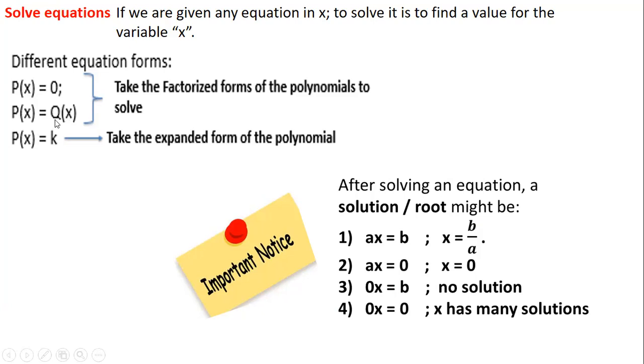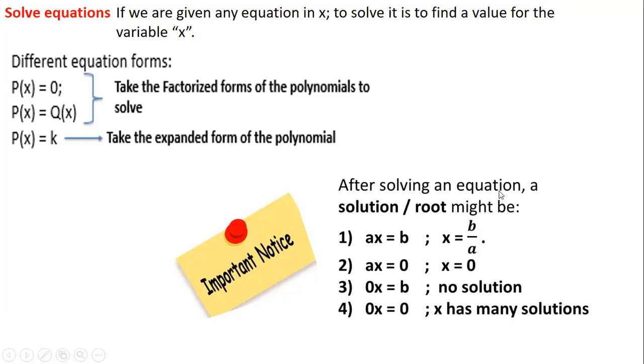If we are given the first two forms, P of X and Q of X should be written in factorized form in order to solve correctly. While if we are given P of X equal to a number, then I should take P of X in its expanded form in order to solve here.